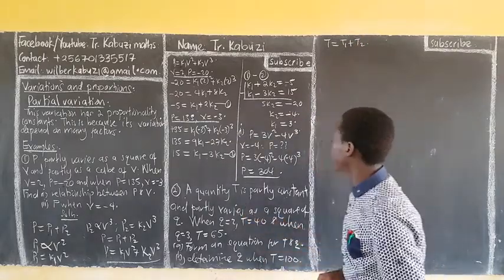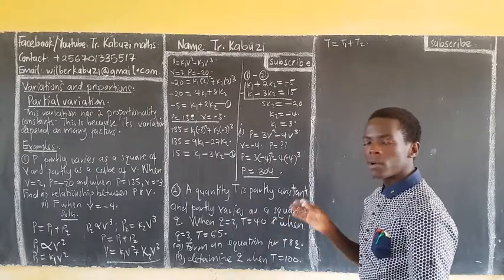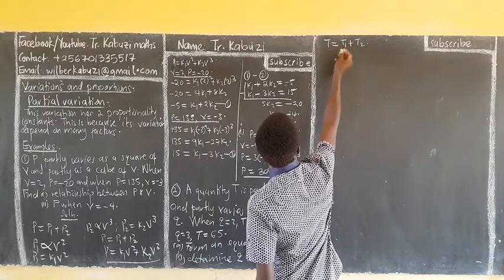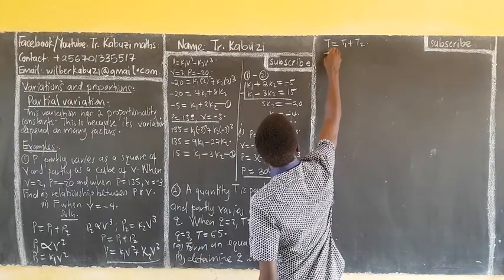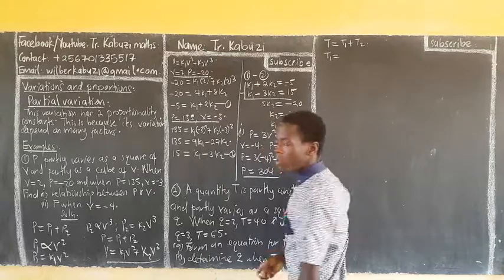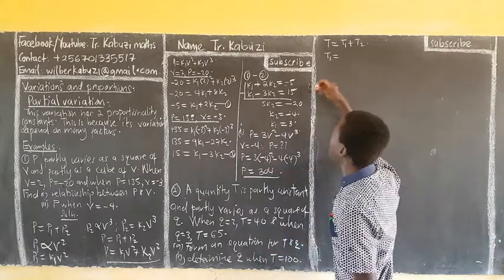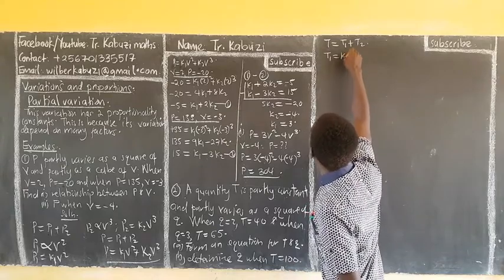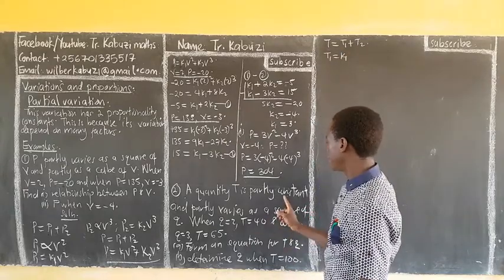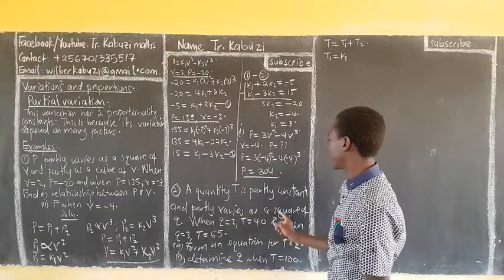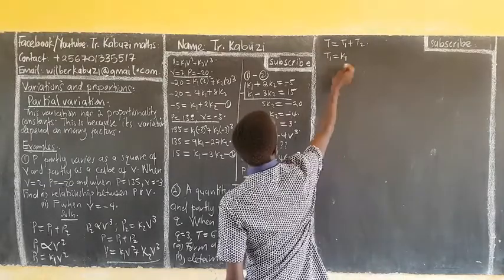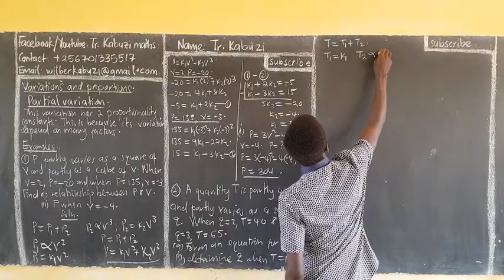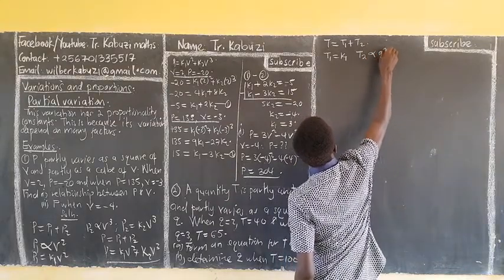T1 is partly constant, which means it's as simple as a constant, so it's going to be K1. Then T2 is partly varying as a square of Q.